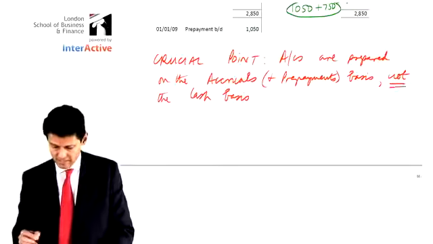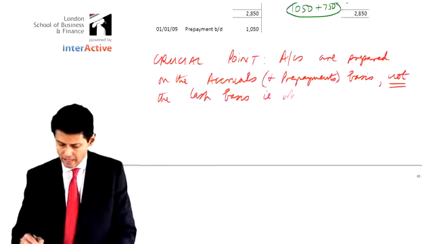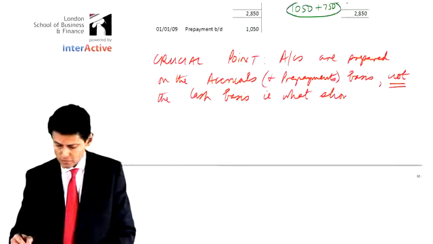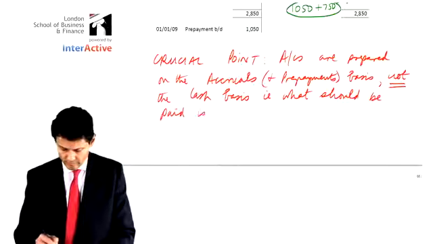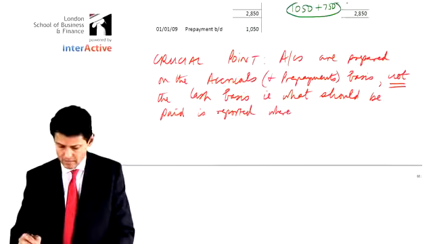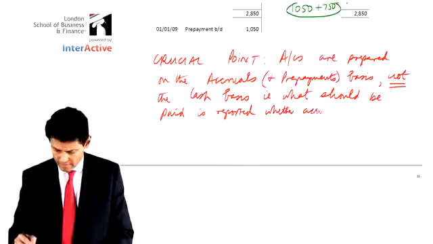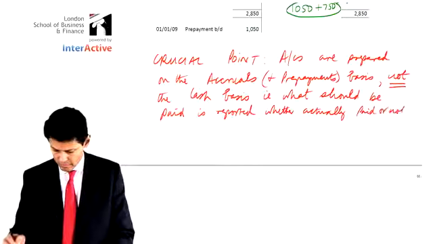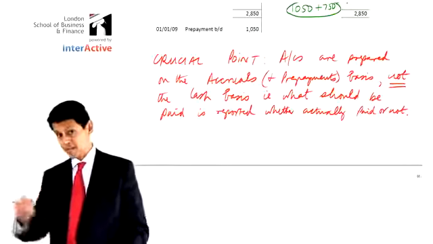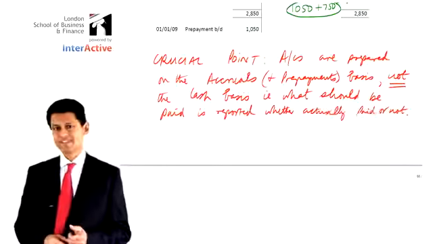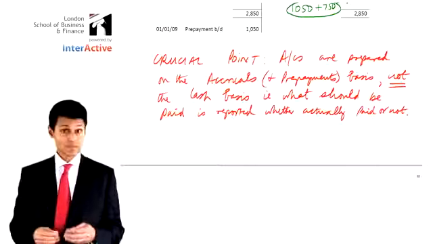Not the cash basis, i.e., what should be paid is reported whether paid or unpaid as yet by the year end, whether actually paid or not. Similarly, if you've paid too much in advance, you just have an asset at the year end because you've got free insurance cover or whatever it is.